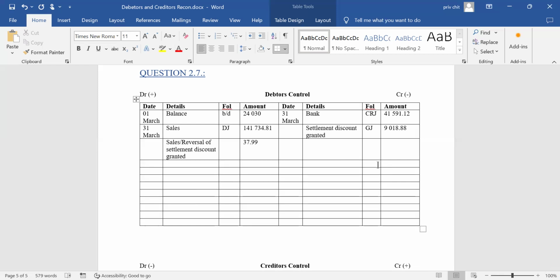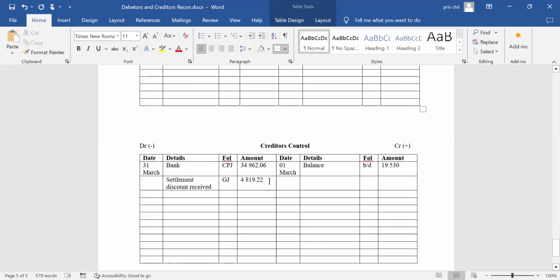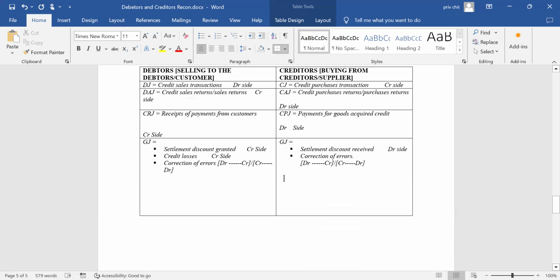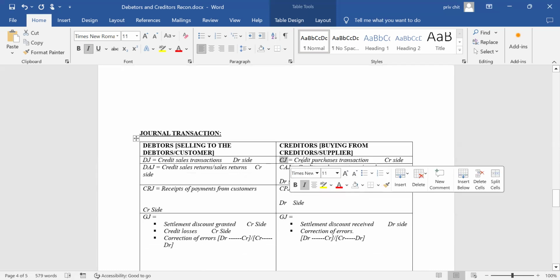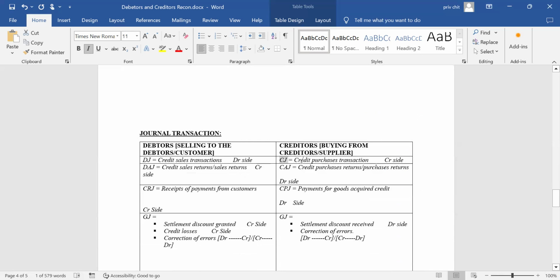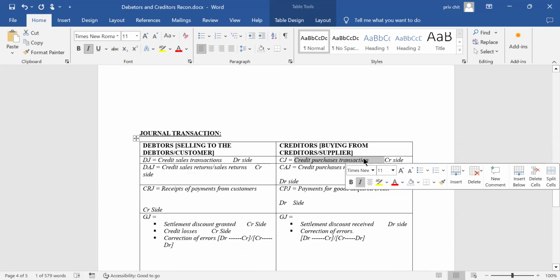And then another thing they tell you is the total of creditors control in the creditors journal. Okay, so that means it's something to do with the creditors control. So it's coming from which journal? Creditors journal. What did I tell you guys about the creditors journal? Here it is. That's the creditors journal. With the creditors journal, we always record everything to do with the credit purchases that we have performed as a company.